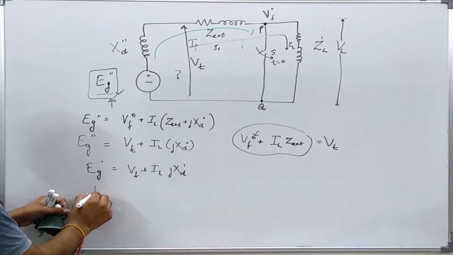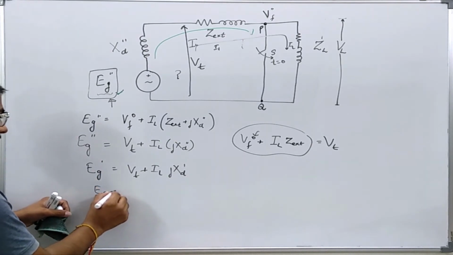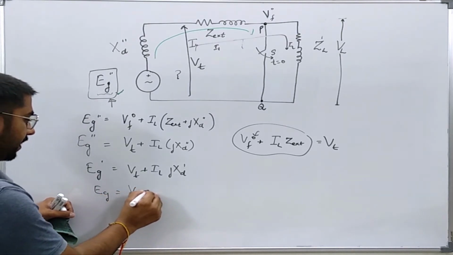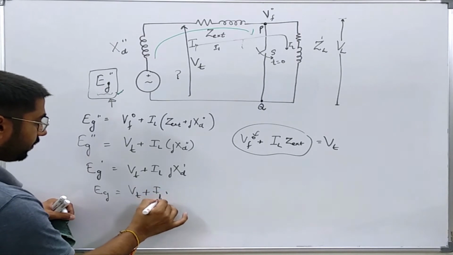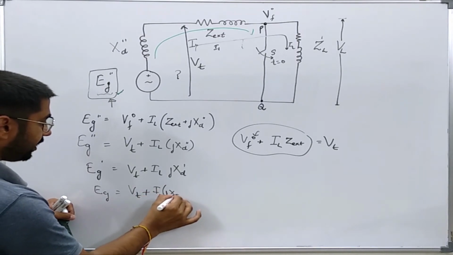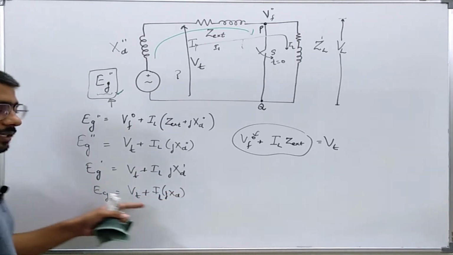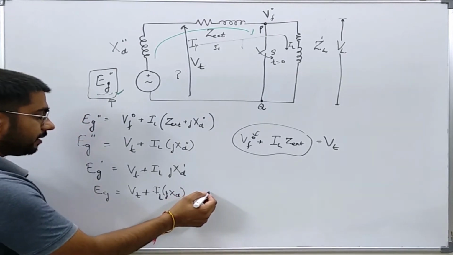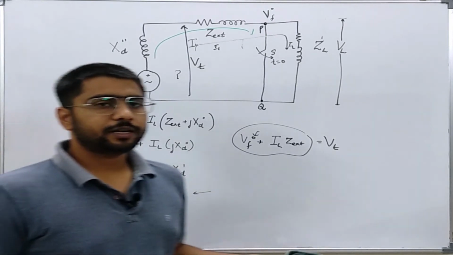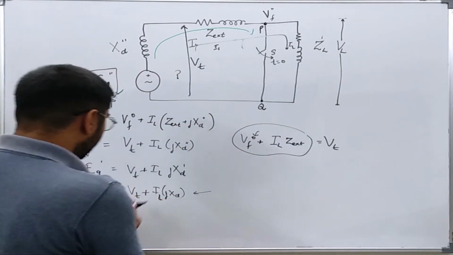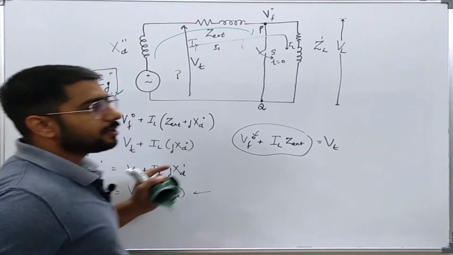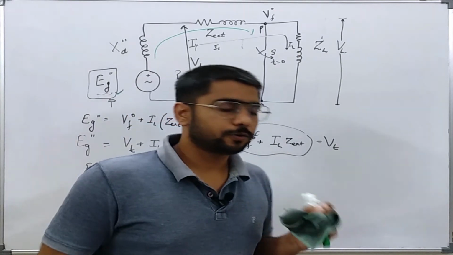Similarly, in the steady state it will be EG equal to VT plus IL JXD. So you see that this equation transformed to a normal equation which is the right equation in steady state. So our model verifies this thing also.